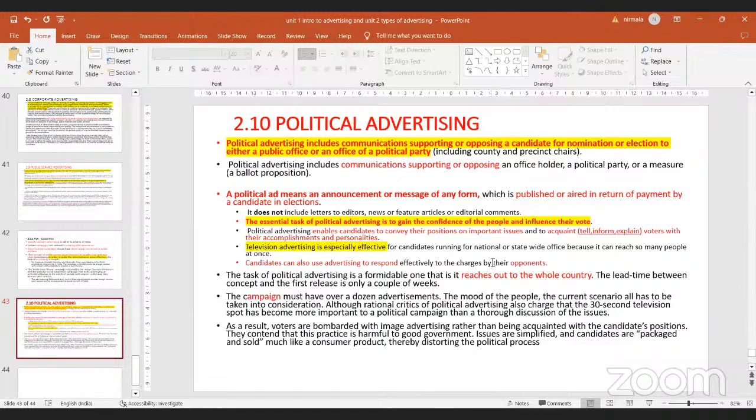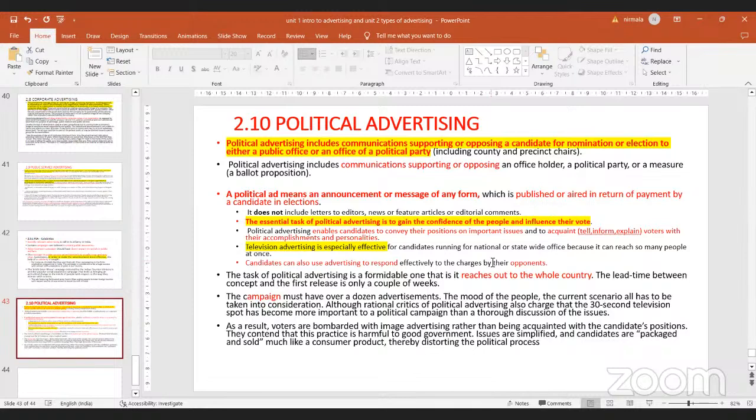So here it is done generally in support of a particular person, or against, or to promote a particular political party. It depends on the way you are communicating with your public.